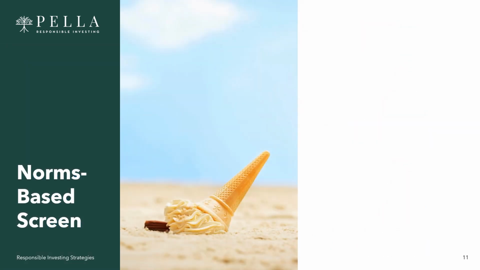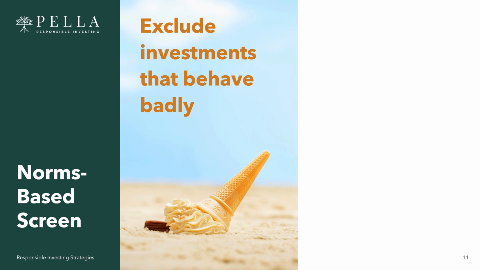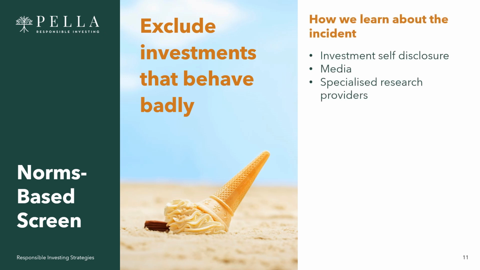Next, let's delve into norms-based screening, our fourth responsible investing strategy. This strategy focuses on excluding investments that have behaved very badly, regardless of their industry, location, or core activities. These behaviors typically come to light through self-disclosures, media reports, or insights from specialized research providers like MSCI or Sustainalytics.